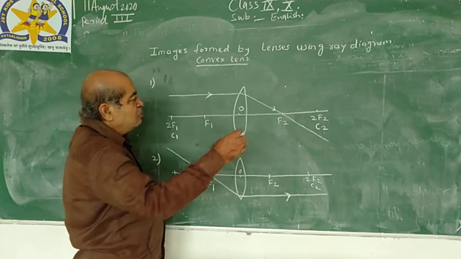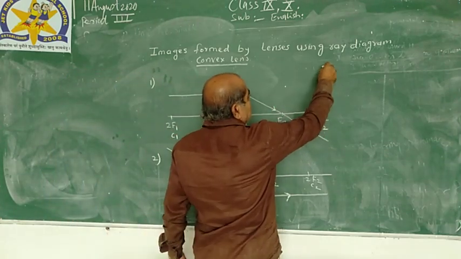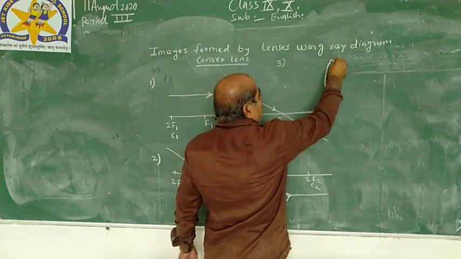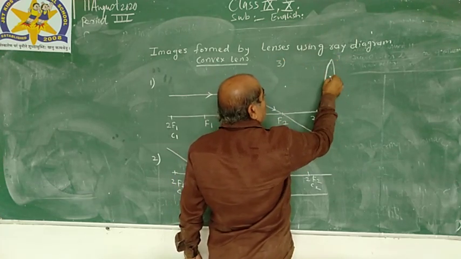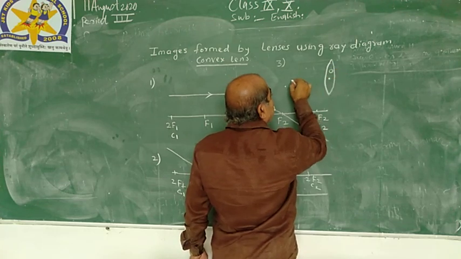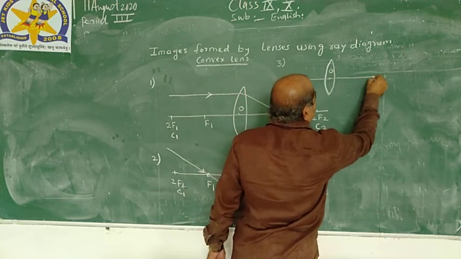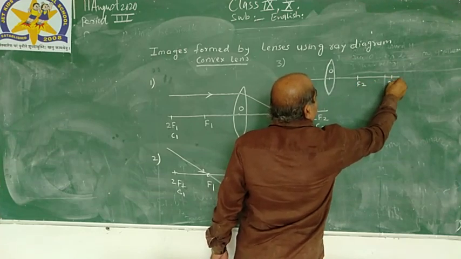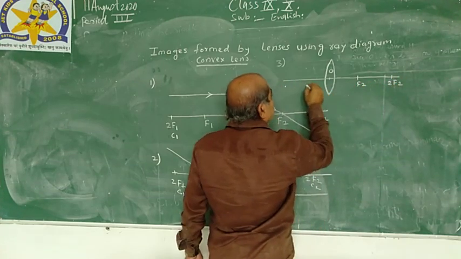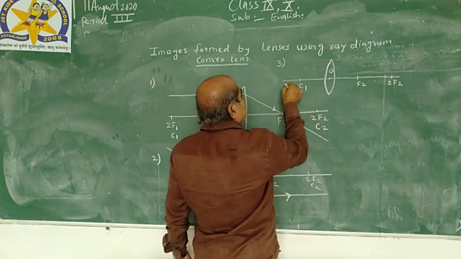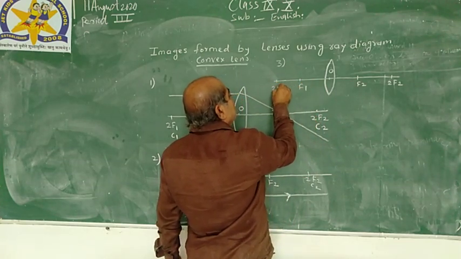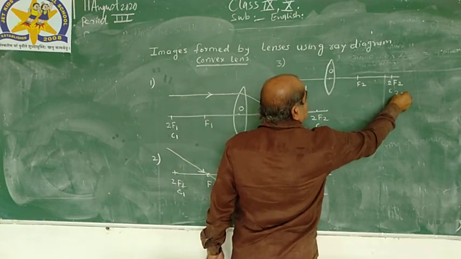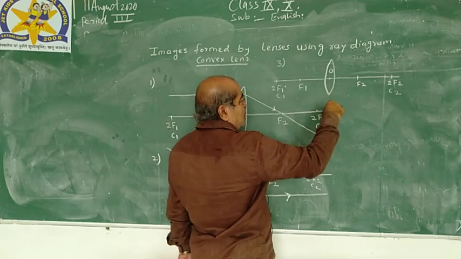The third rule is, suppose this is then the convex lens and then O is the optic center. This is then the principal axis. Then F2 is the principal focus. F1 is the principal focus. C1 and C2 are center of curvature.